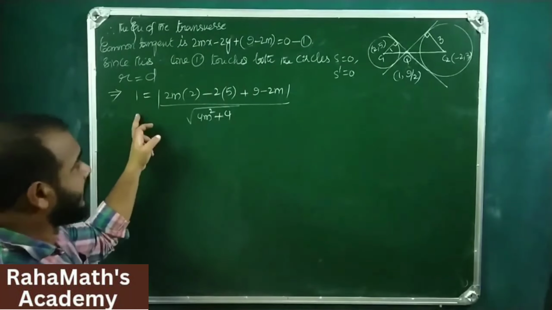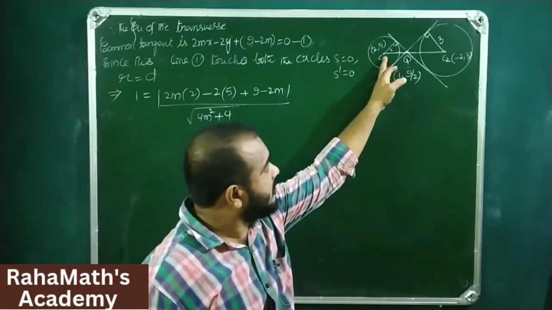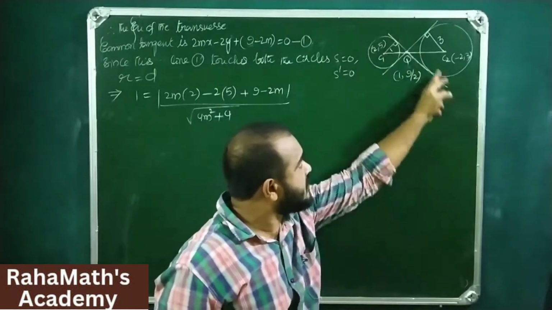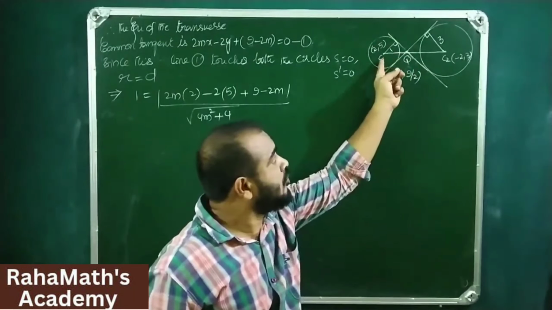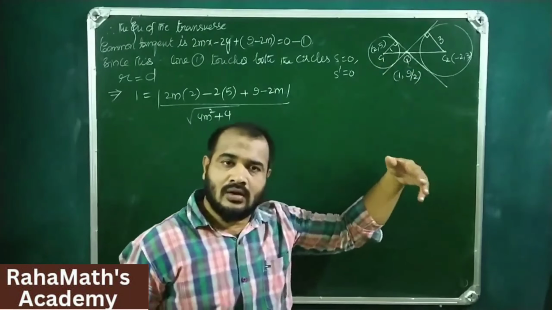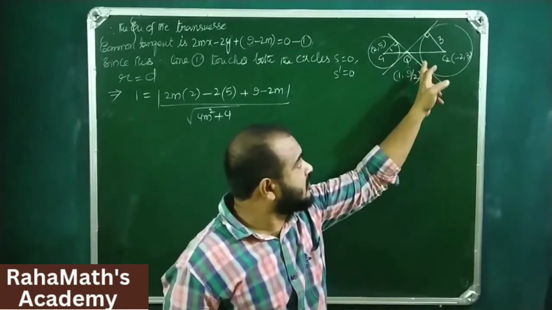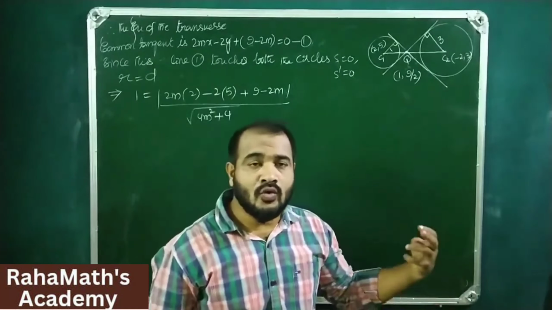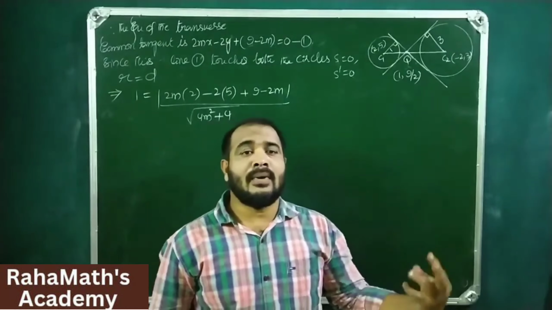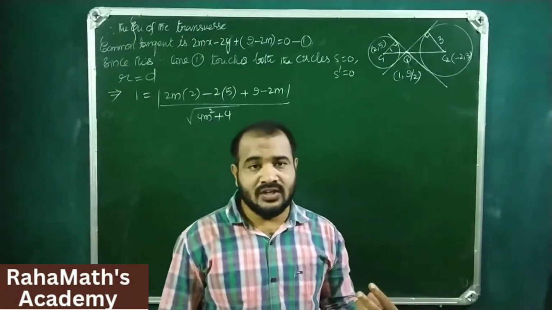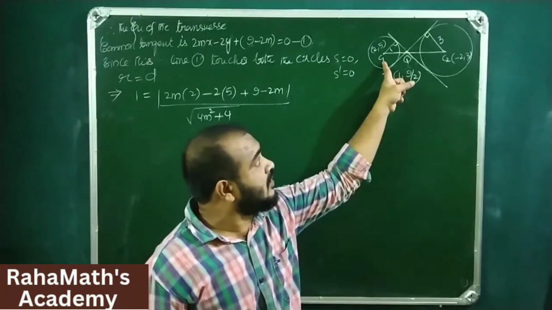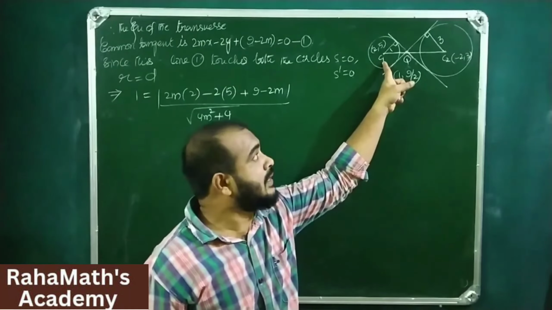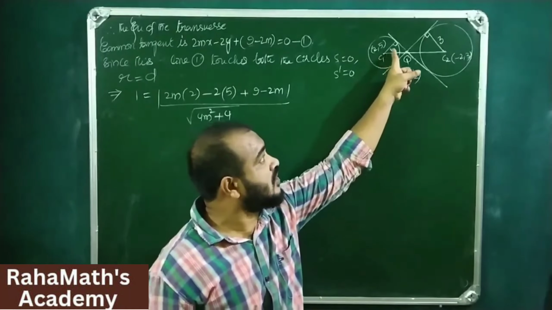So the radius of the first circle: since this transverse common tangent line touches the first circle, and otherwise this line touches the second circle as well, if you want to apply the tangential condition R equals D, the radius of the first circle is equal to the perpendicular distance from the center of the first circle to the line.